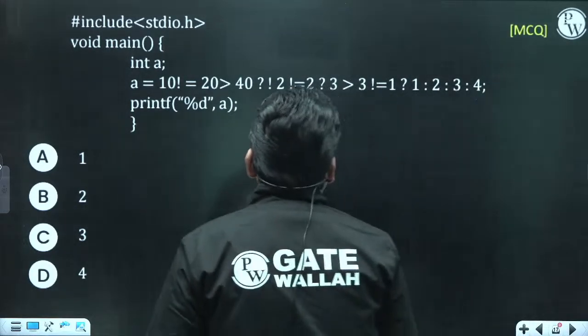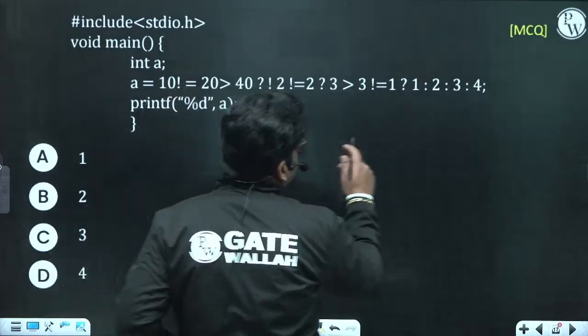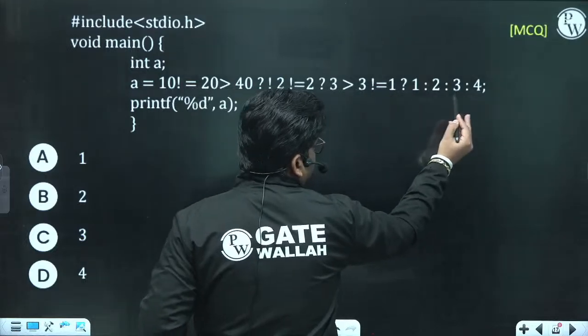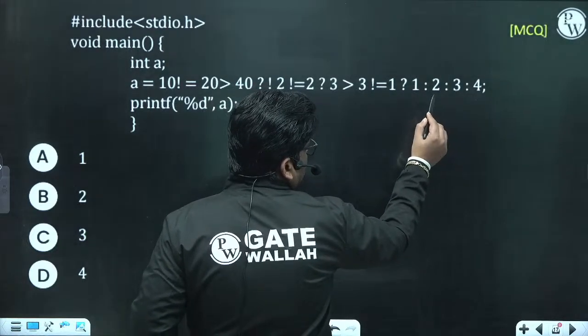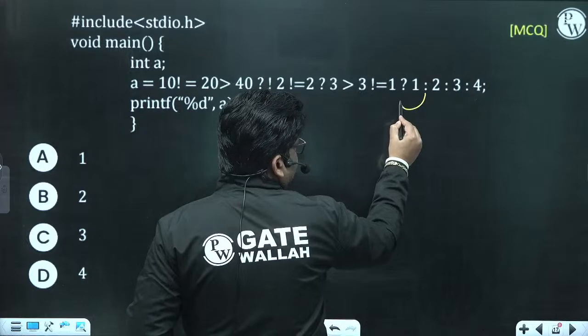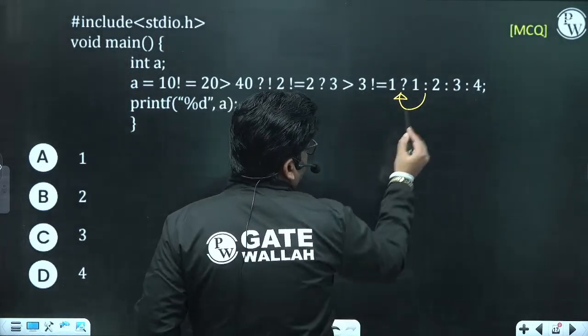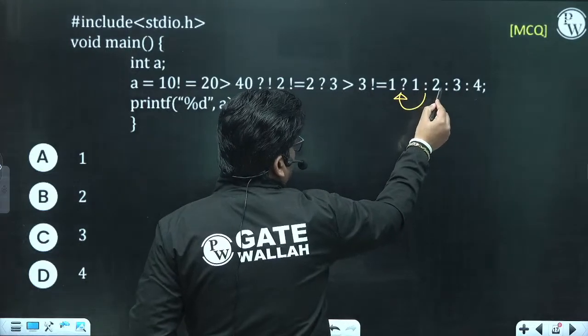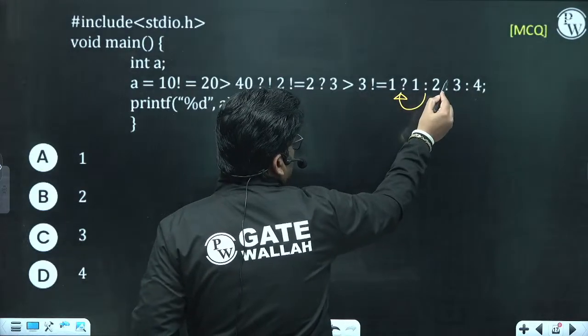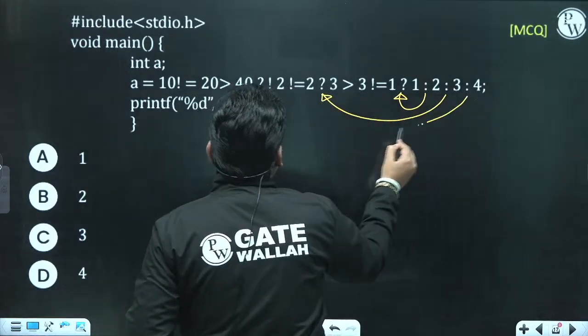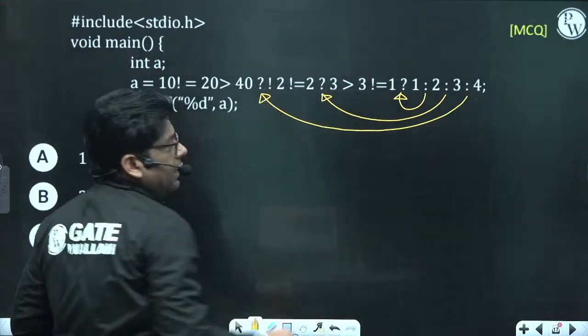Sir, you need to understand. Start scanning from right to left. Every colon is associated with the nearest question mark. See, this is associated. Now for this colon, and for this colon, this is the question mark.